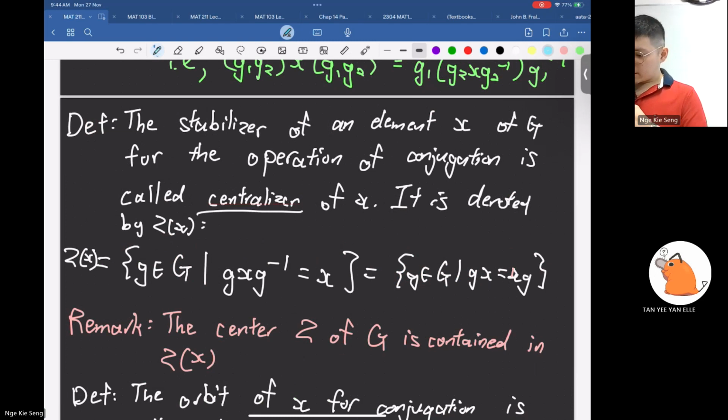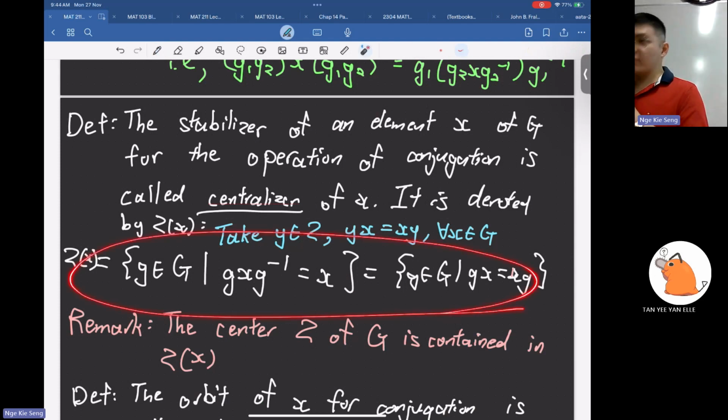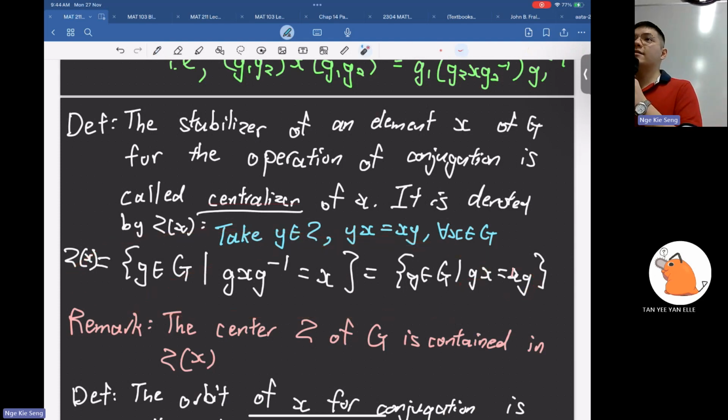Take an element y in Z. What does this y have to satisfy? yx equals xy for all x in G. But in the centralizer, we only look at a particular x.